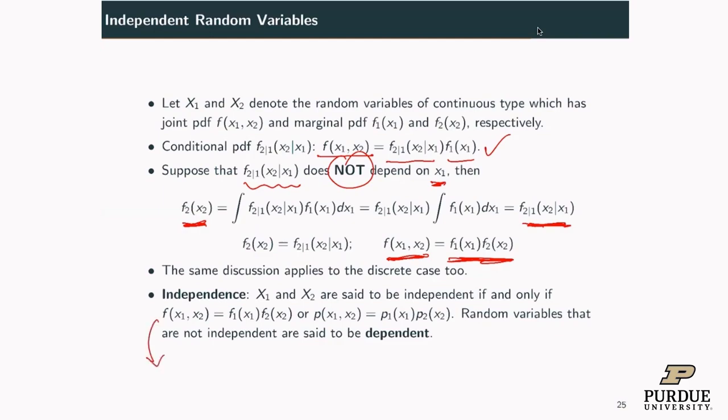This is true for all x1, x2, not just for one point. If this is true, we say x1, x2 are independent. If this is not true, x1, x2 are dependent.